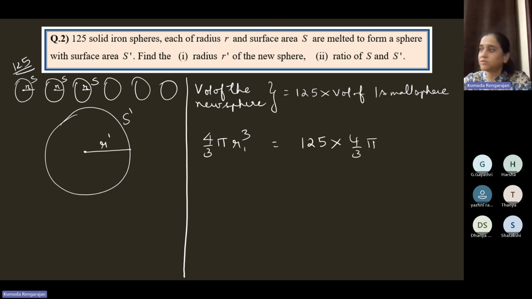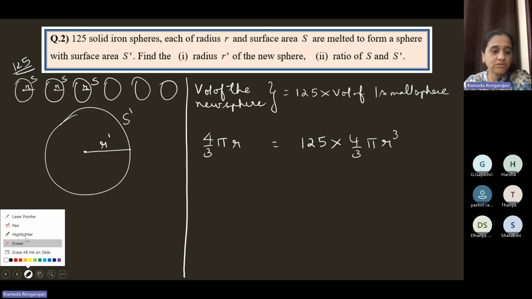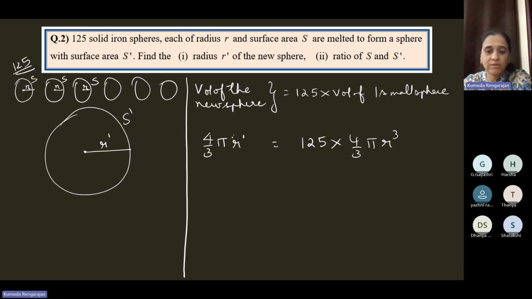It's given the radius of each small sphere is small r, and the new sphere is r dash. So 4 by 3 pi on either side gets cancelled.